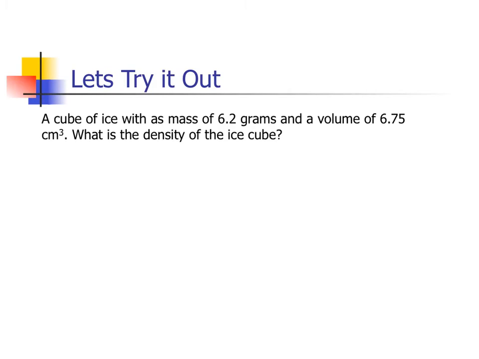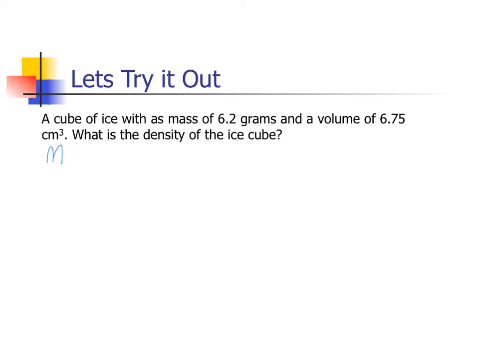So let's try an equation out. A cube of ice has a mass of 6.2 grams and a volume of 6.75 cubic centimeters. What is the density of the ice cube? You might say, well, I can just look it up. Well, maybe this is a different type of ice, and maybe it was frozen in a different way. So we have to go through the process and ask, what do I know?